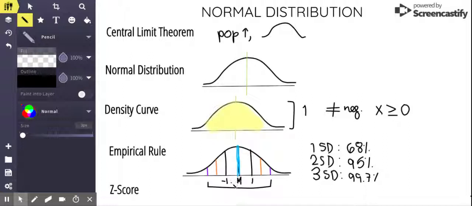And then 2 standard deviations, of course, that's going to be -2 and 2, which is 95%. And then the last one's going to be 3 and -3. And we assume that the mean is 0. So that's really the empirical rule.